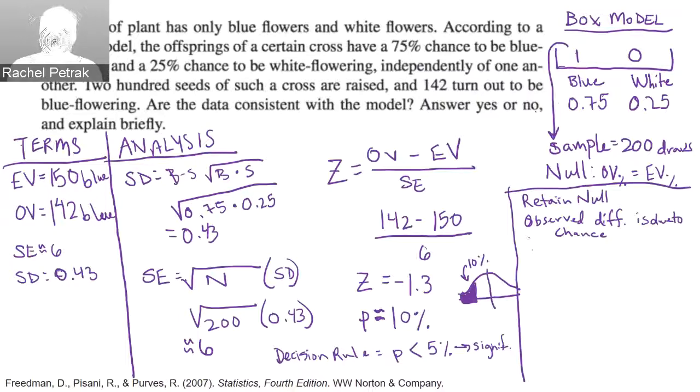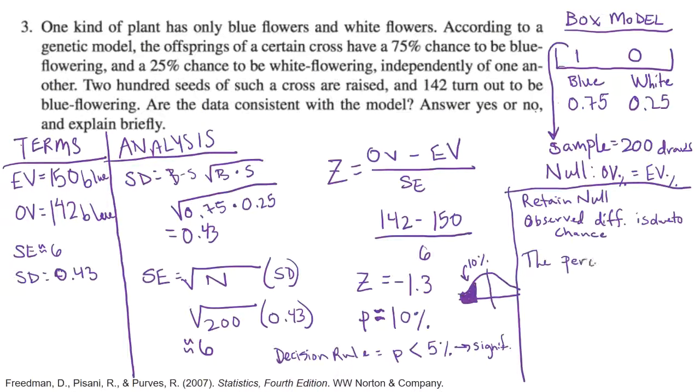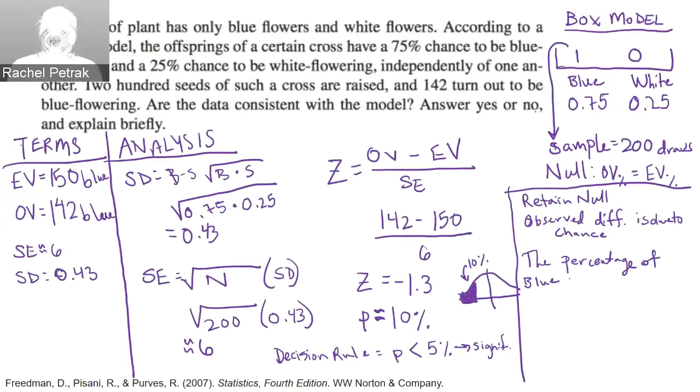My results sentence would say that, and I'm shortening some of this here, the percentage of blue flowering is, we need our percentage here, which would be 142 out of 200.